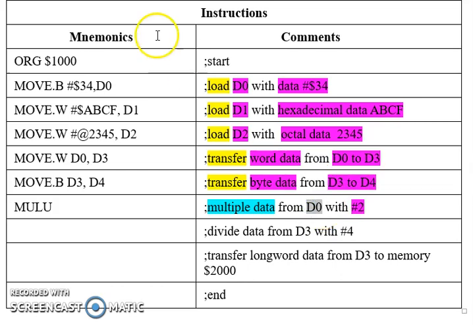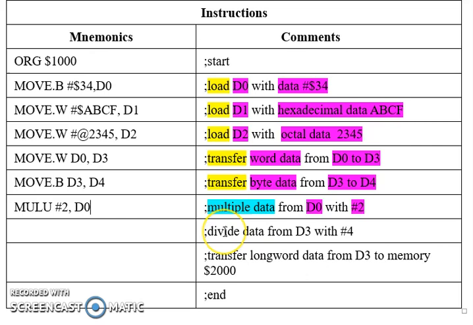What you have to remember is that data can always be stored at the source. It cannot be in the destination. So the decimal data 2 will be stored at the source, and the destination here will be D0. So MULU 2 as our decimal and D0 as our destination. Now we complete the 7th line.